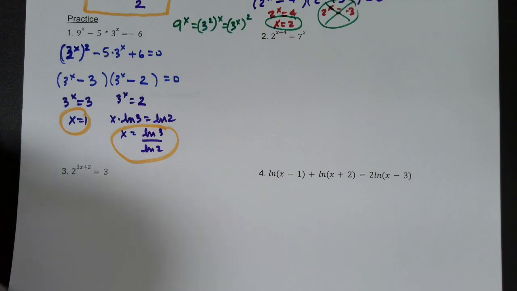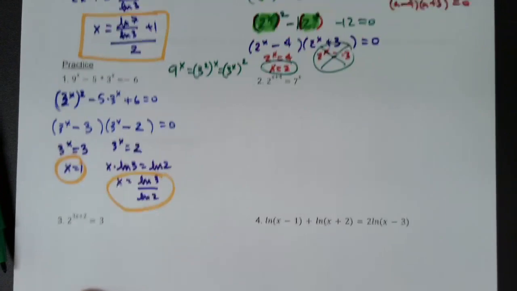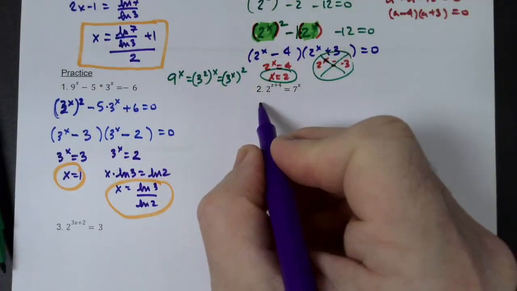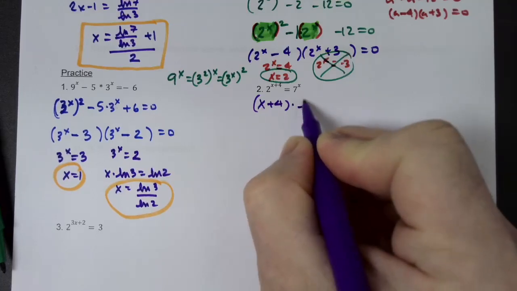All right, next one, falling into, again, a case where we can't get like bases out of this. So we'll take the natural log of both sides to get those exponents as coefficients.